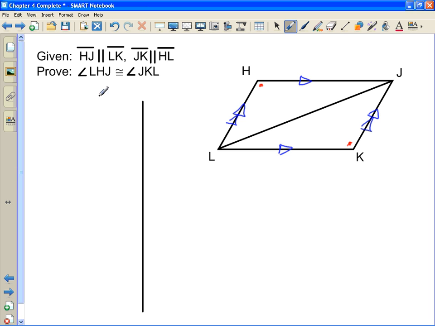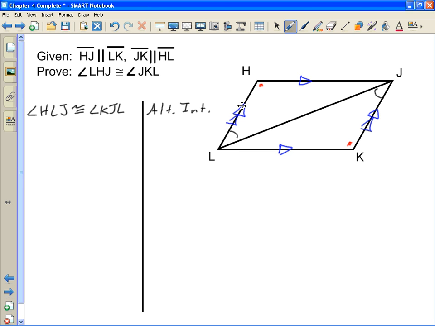So parallel gives me all those cool angles. So I can say that angle HLJ, okay, this one, is going to be congruent to this one because those are alternate interior. So HLJ is congruent to KJL, okay, because they're alternate interior.